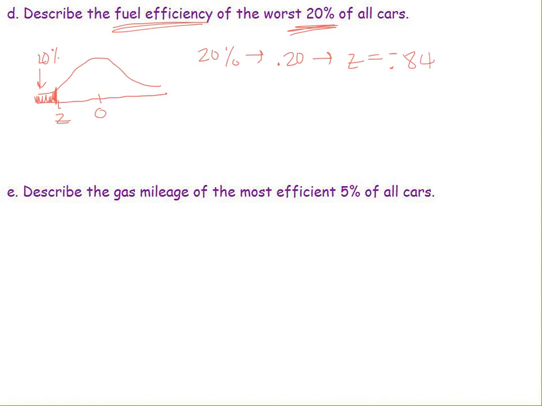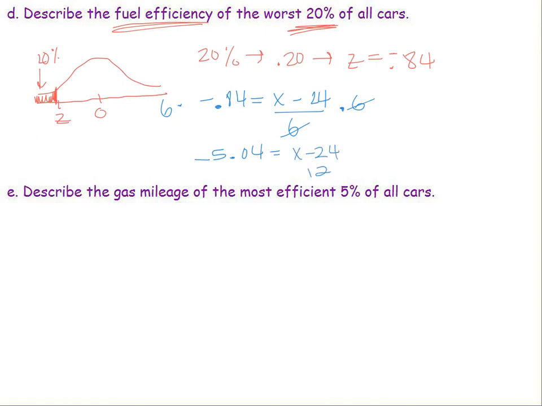And so now we just have to do our math. Let's work backwards. So negative 0.84 equals, we don't know x this time. The mean is still 24, and the standard deviation is still 6. Multiply both sides by 6. 6 times negative 0.84 is negative 5.04 equals x minus 24.